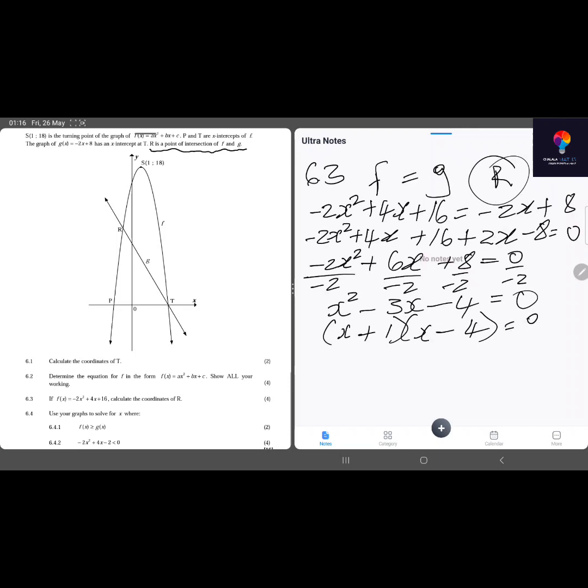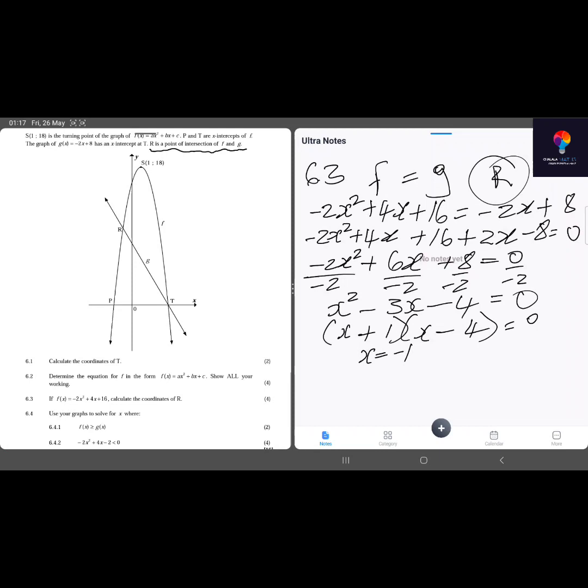Therefore, we will say x is equal to minus 1 or x is equal to 4.